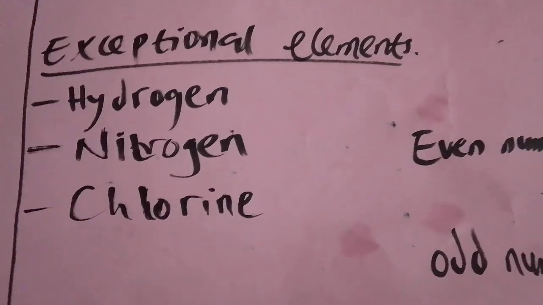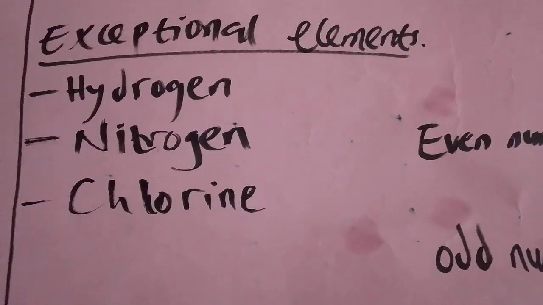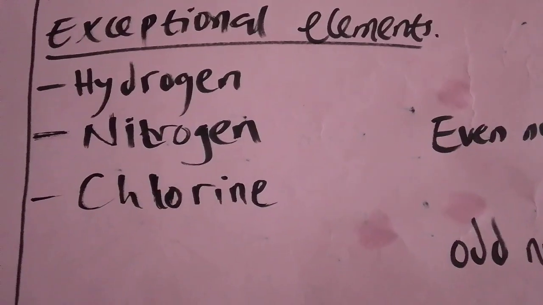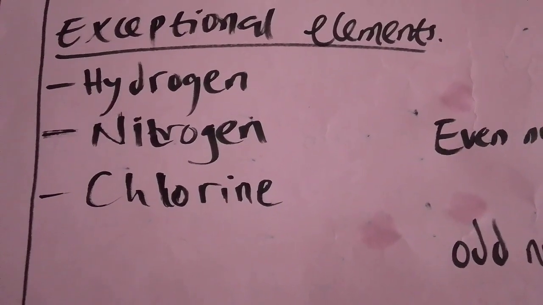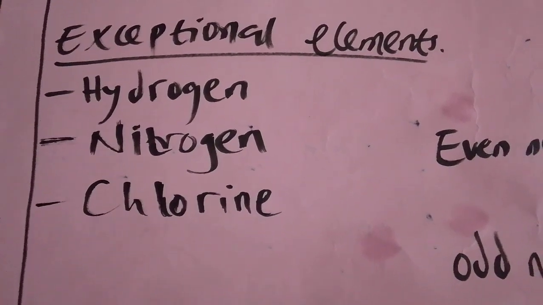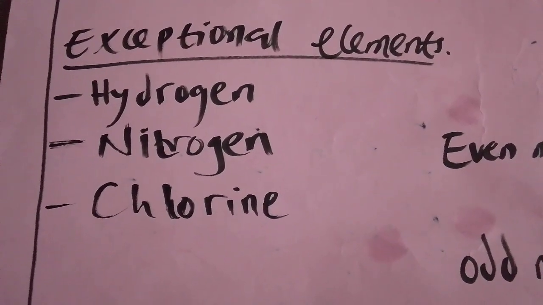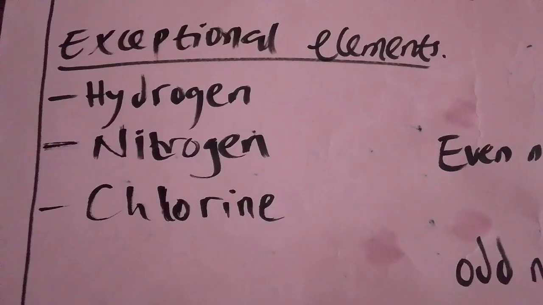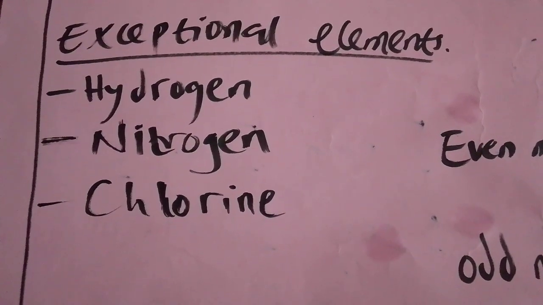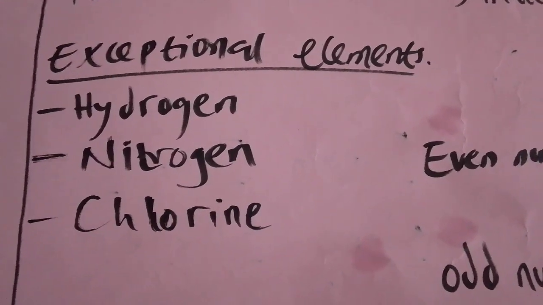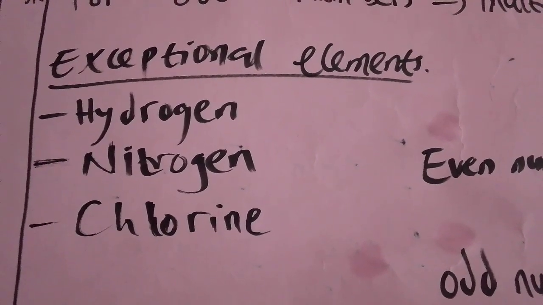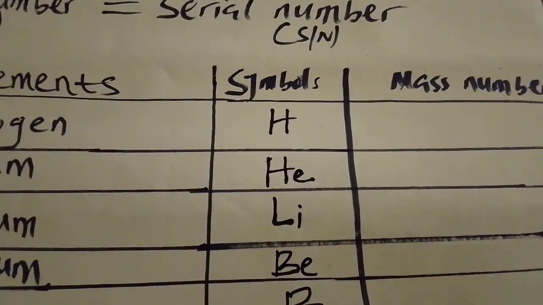Nevertheless, you can see some exceptional elements: hydrogen, nitrogen, and chlorine. Our rule does not necessarily apply to hydrogen, nitrogen, and chlorine, and as we are doing it, I may tell you the reason behind that. Now, let's start from hydrogen and see how to write the mass number.